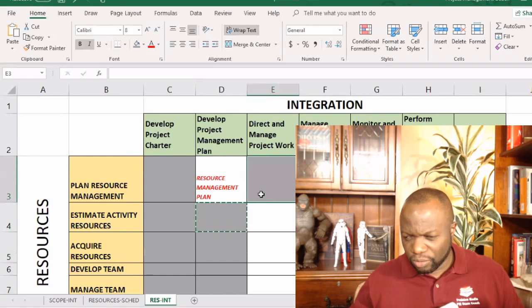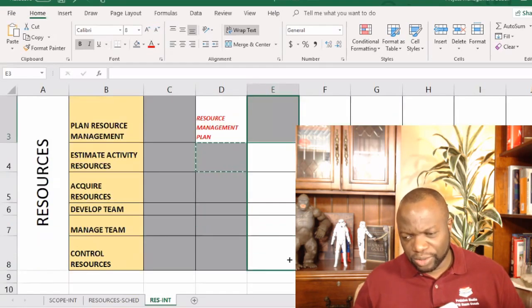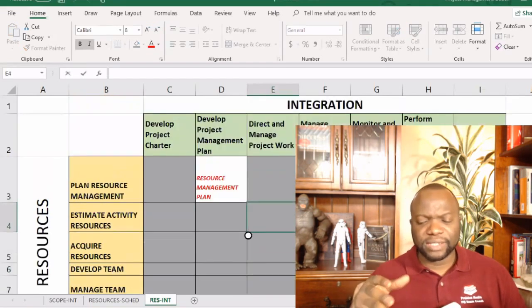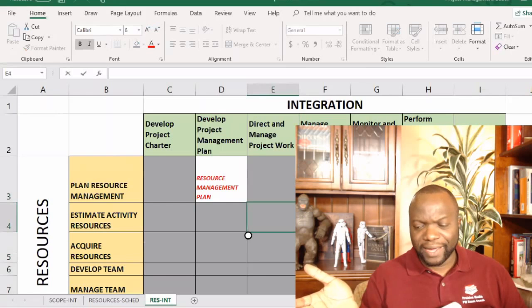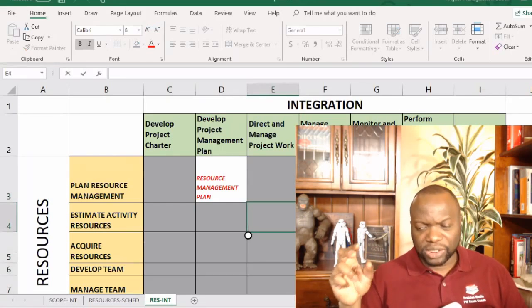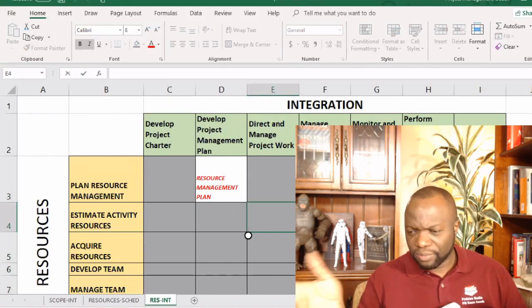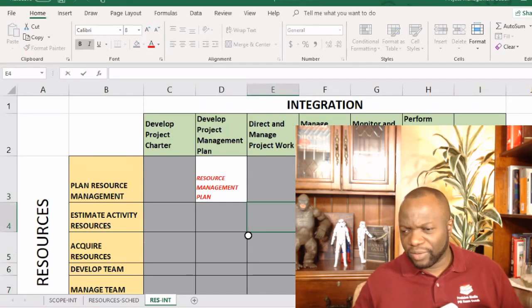There is no direct relationship. Now, no direct relationship, because you know all knowledge areas are somewhat connected to others by virtue of the fact that they all have a subsidiary plan in the big project management plan, which is an input to all processes except Develop Project Charter and Develop Project Management Plan. See? So all knowledge areas are somewhat connected even as a result of that.